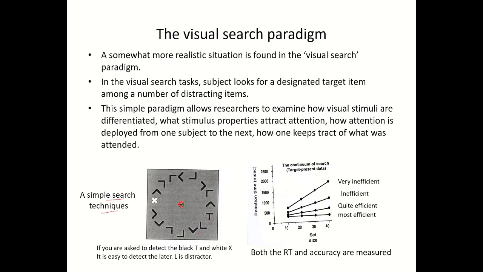Some are L in different orientations, and also T. So if the subject is told that you have to just pay attention to the object that has a different color, this is a very simple task. You can quickly do that because you are not caring about the shape of other objects. You are only looking at one thing, the color. Okay.